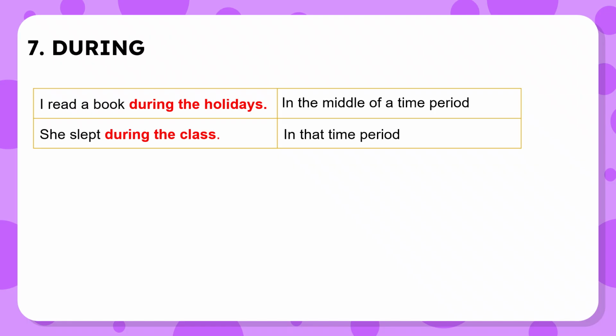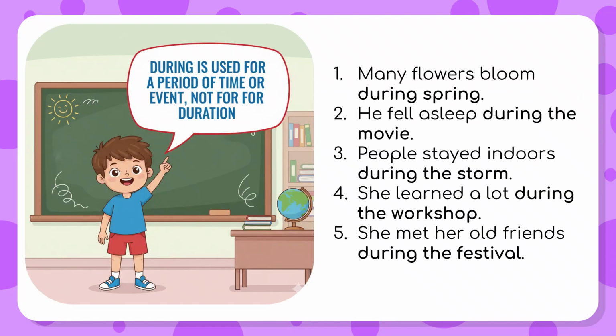She slept during the class. So in that particular duration of time she completed the activity. When did she sleep? She slept during the classes. You can see the tips also.